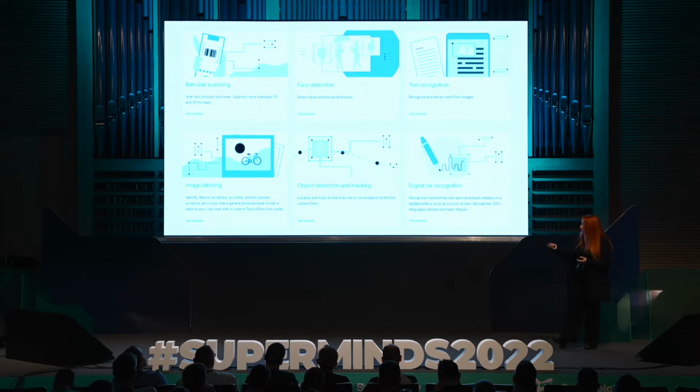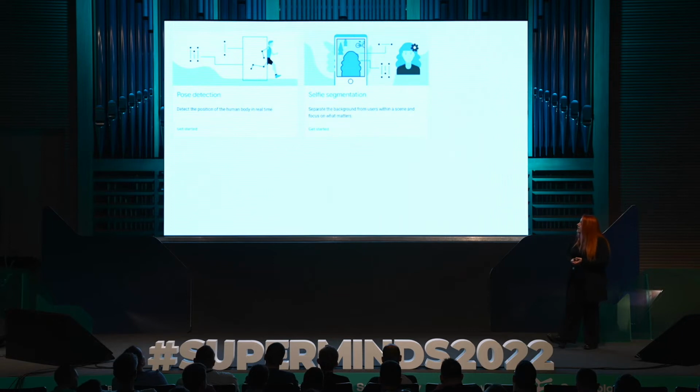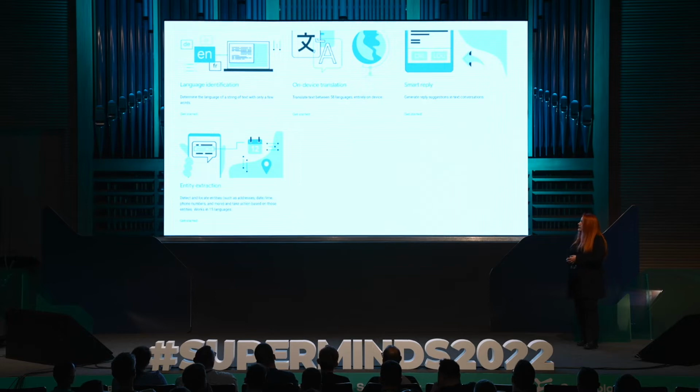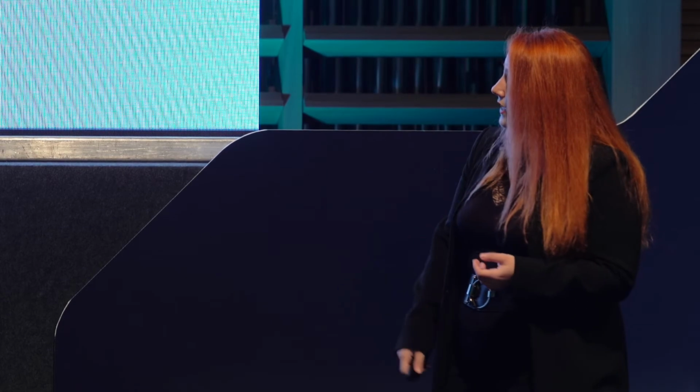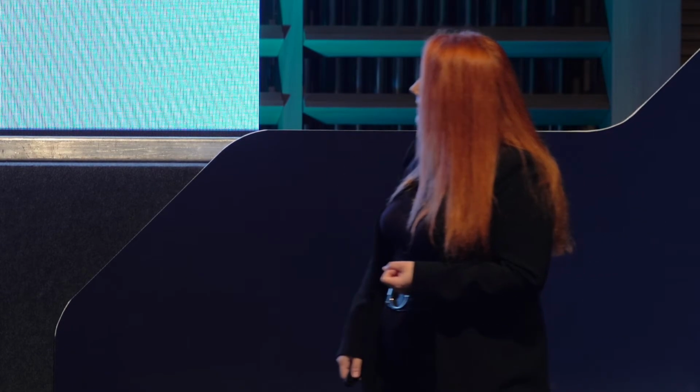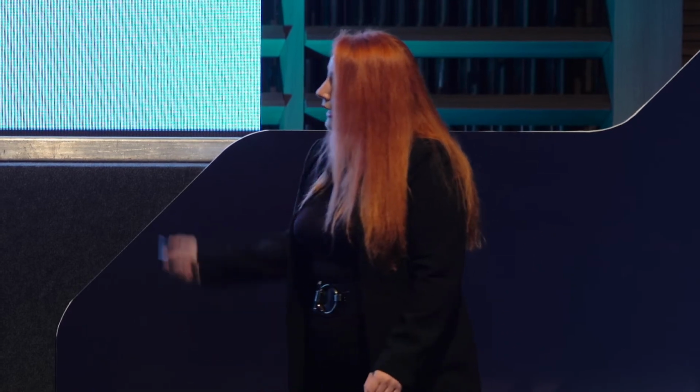Then we have image labeling, barcode scanning, pose detection, and finally selfie segmentation, which is basically just recognizing where the face is and where the background starts. And for natural language, we have language identification, on-device translation, smart reply, and entity extraction.